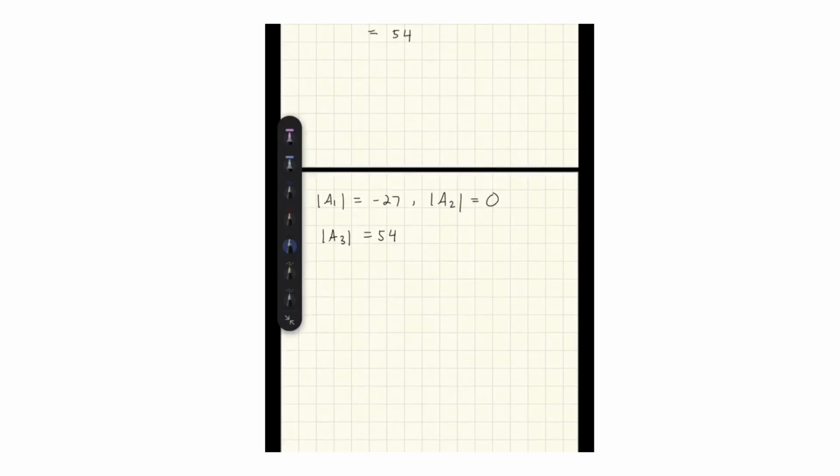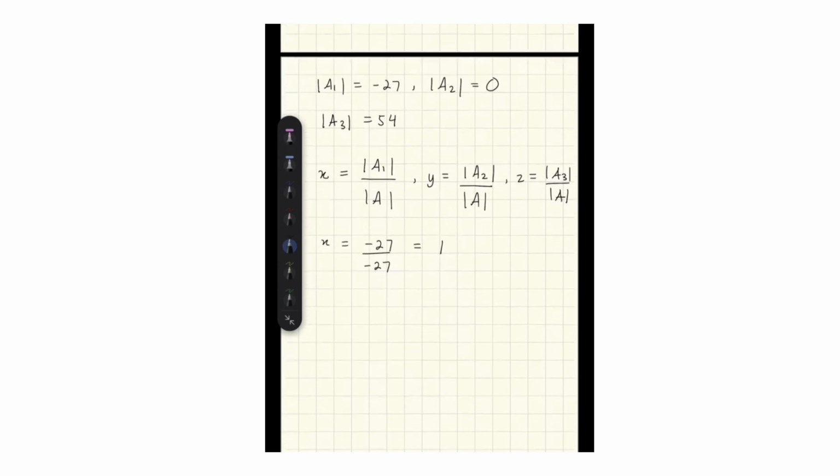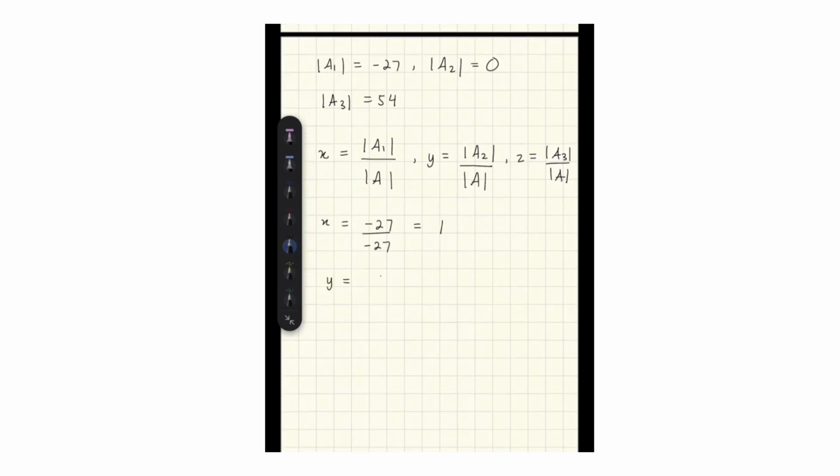After we know the values of determinants A1, A2, and A3, we put them into the formula, which is x equals determinant of A1 divided by determinant of A, and y is equal to determinant of A2 divided by determinant of A. Then z is equal to determinant of A3 divided by determinant of A. By using those formulas, we know that x is -27 divided by -27, that we get 1, and y is equal to 0 divided by -27, which is 0.